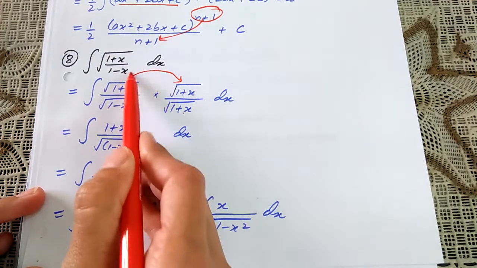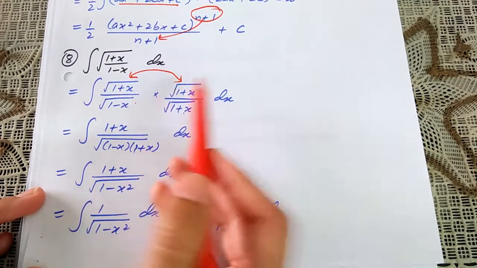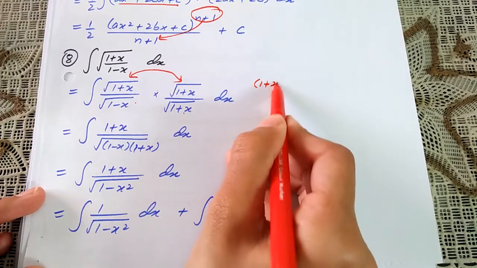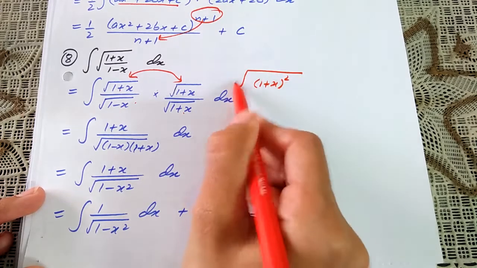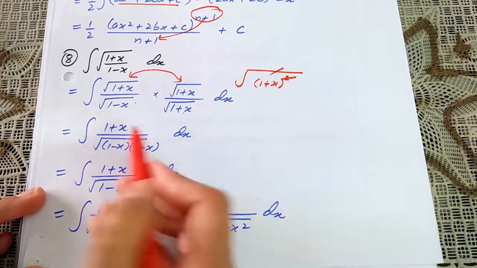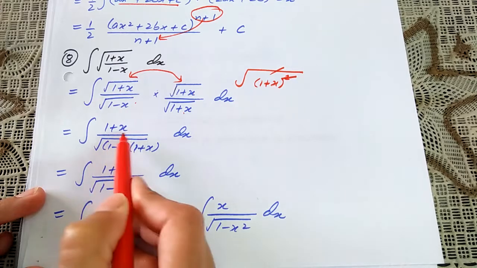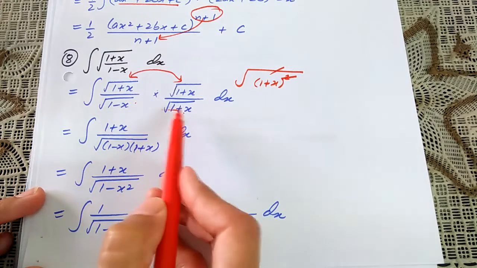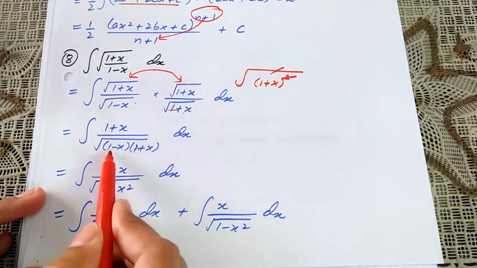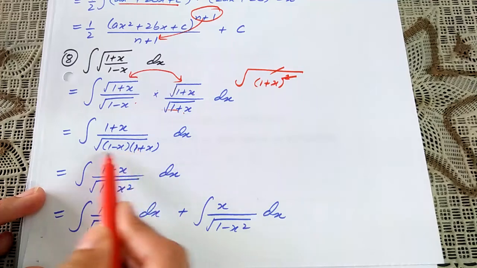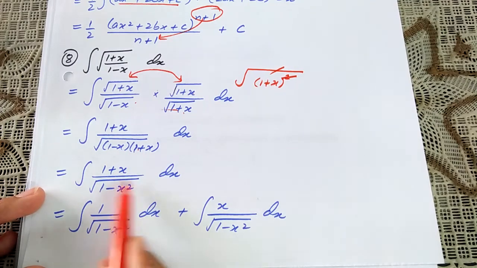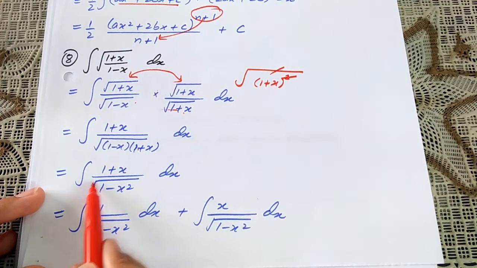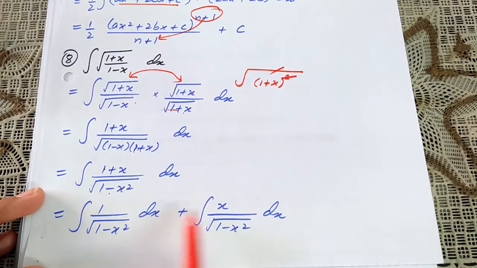Now, when we multiply the numerators, both functions are the same, so it will be the square root of 1 plus x square, which cancels, and we get just 1 plus x. In the denominator, both functions are different and multiplied with each other. Using the identity, we get the square root of 1 minus x square. Now we can separate it: 1 over the square root of 1 minus x square, plus x over this function.